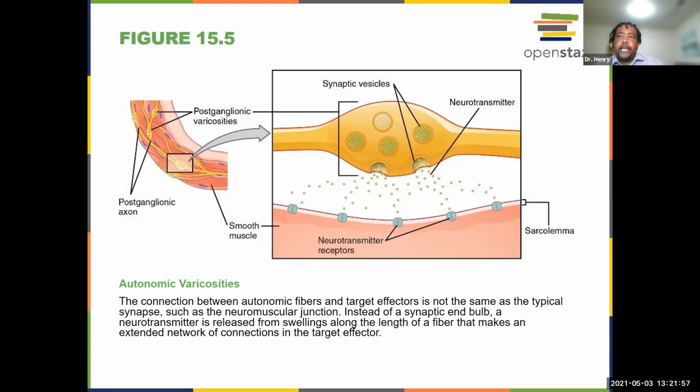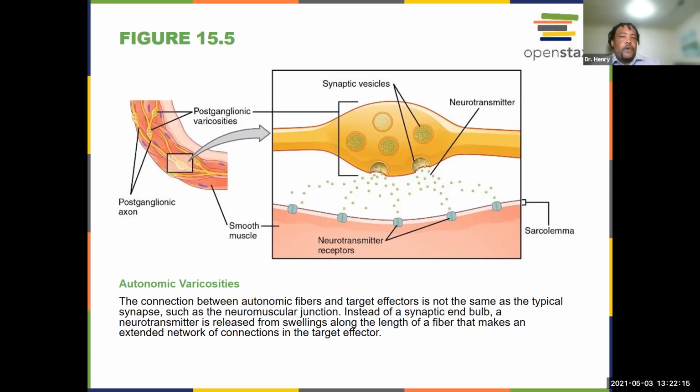It releases those neurotransmitters in the synaptic vesicles, and then they're able to sit there and find their receptors along that surface.